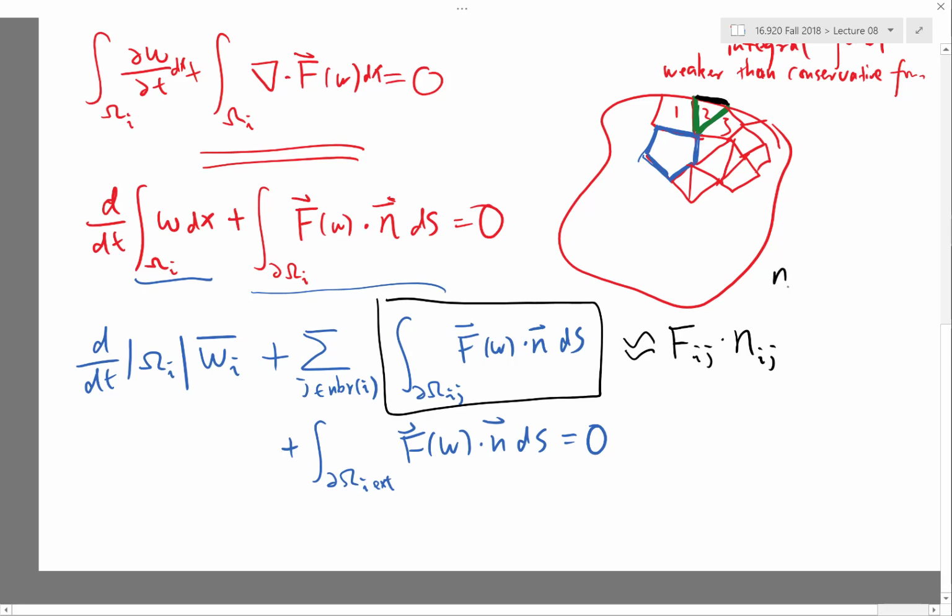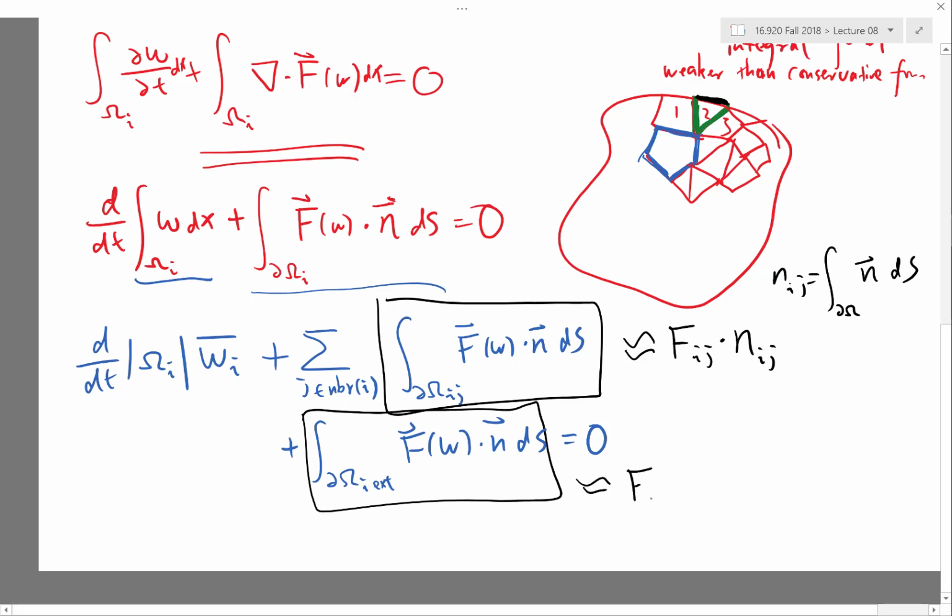So the flux would be whatever this is divided by n_ij. Here n_ij is the size of the surface element that separates the two volumes, and this other integral is approximated as F_i exterior times n_i exterior.